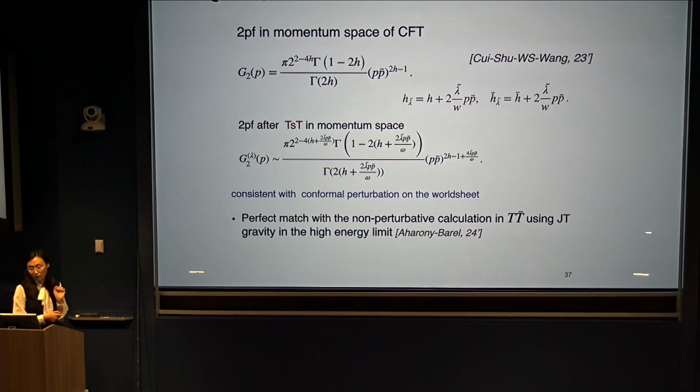And this agrees perfectly with the calculation of Aharony and friends. They use this JT gravity technique to calculate the TTbar correlation function, and in the high energy limit, they agree precisely.